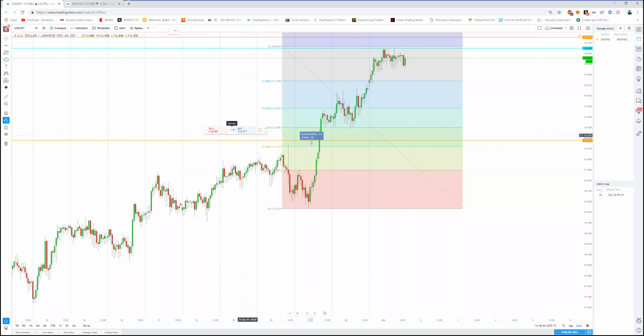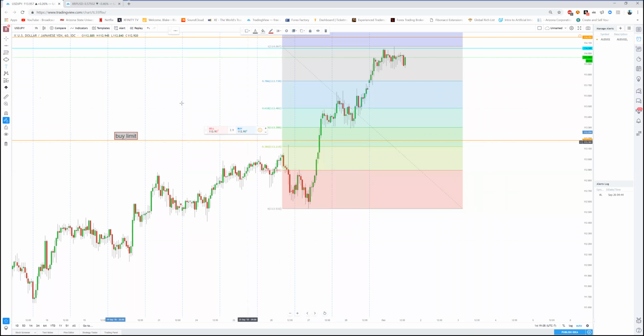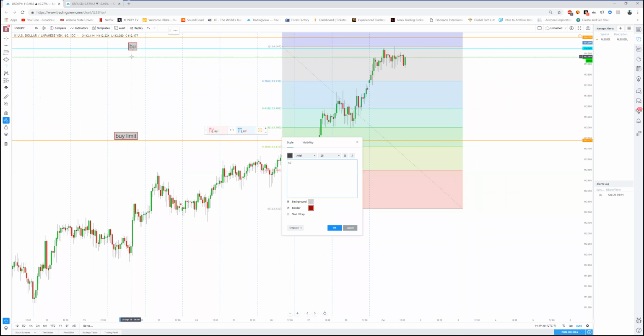I saw spread go up to 3 at least, but I also could see this level right here. This is a long wick. I could also see price using that as a potential PRP, which is why I chose to place our other buy entry here. So again, we have 2 buy entries. I'll go ahead and label them. This is our buy limit. And this is our buy stop.